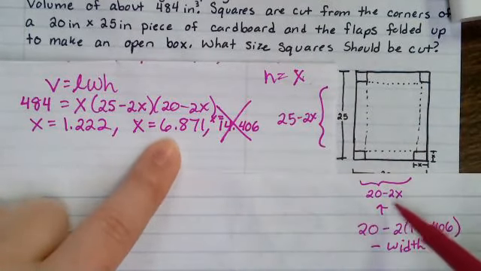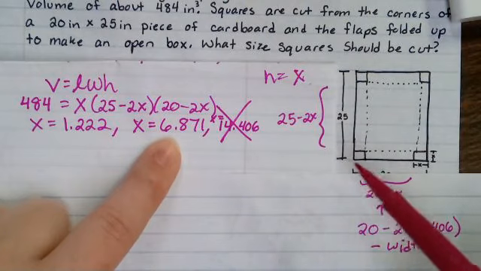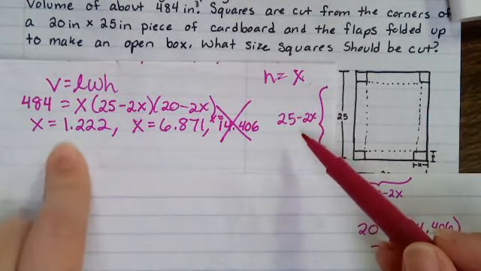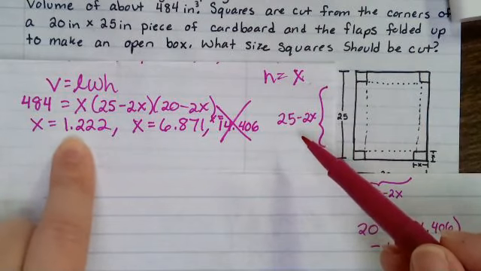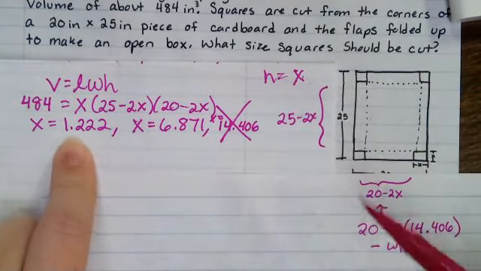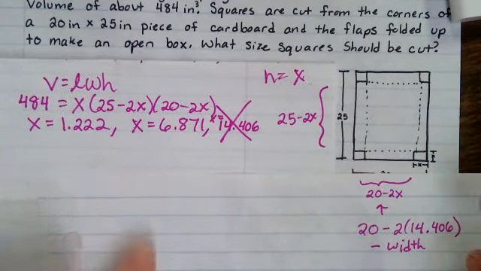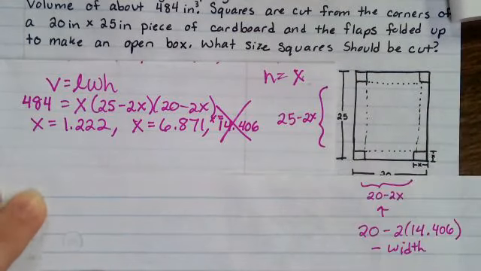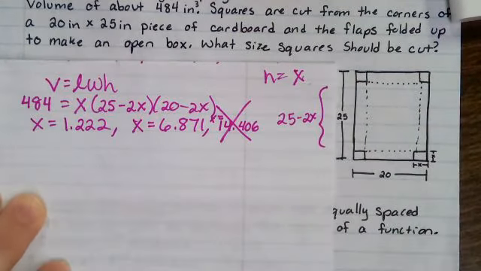6.871, that's okay to have. 20 minus 2 times that, that's okay. 25 minus 2 times that number, that's okay. Same thing with this guy. If one of these had been negative, you would know that that wouldn't work, because there is a height of just plain old x, and that would be bad. So we actually have two options that we could tell them they could make for these squares.